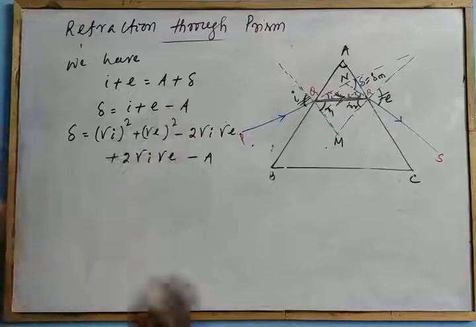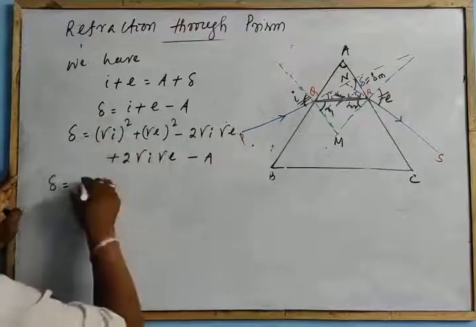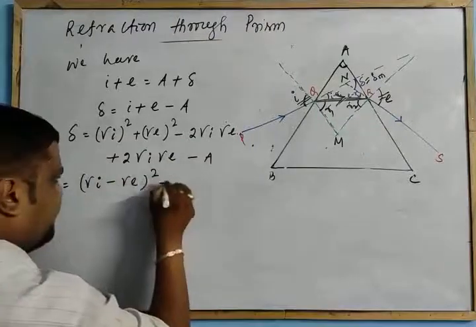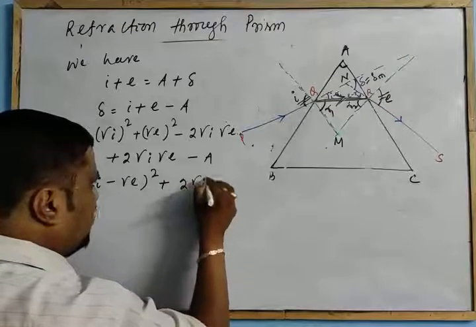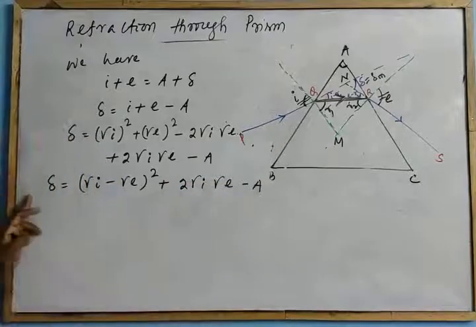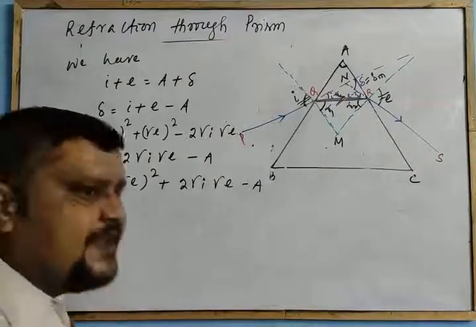Minus A as it is. Or I can write delta is equal to root I minus root E whole squared plus 2 root I root E minus A. Now you see this expression. I need this delta to be minimum.